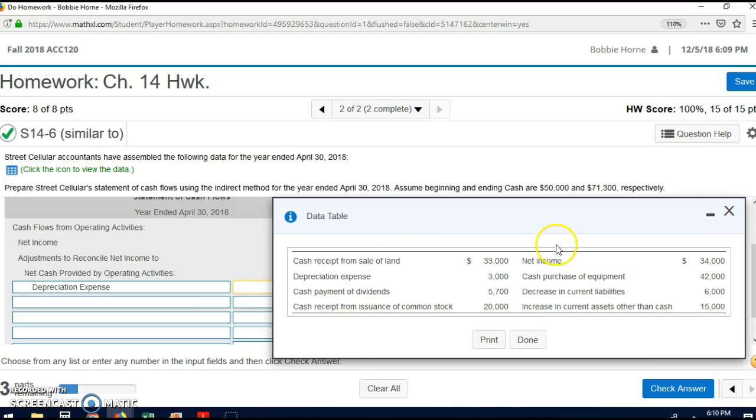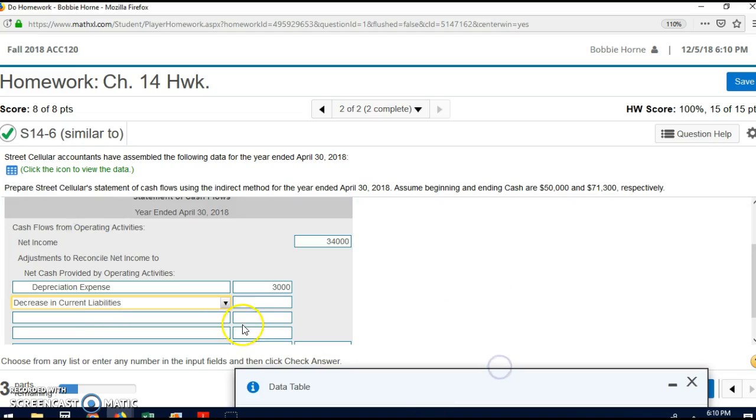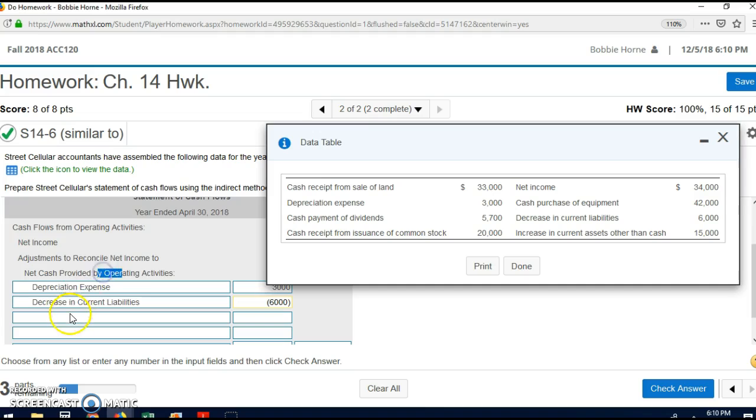Let's see, dividend, stock, purchase of equipment, a decrease in current liabilities of 6,000, decrease, and then an increase in current assets other than cash, increase means decrease, 15,000.